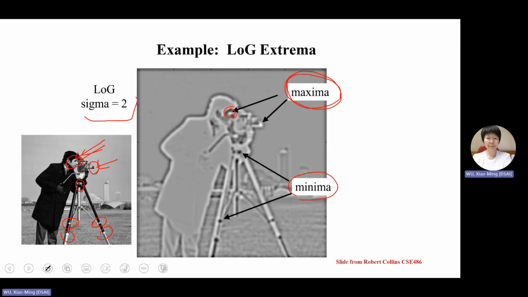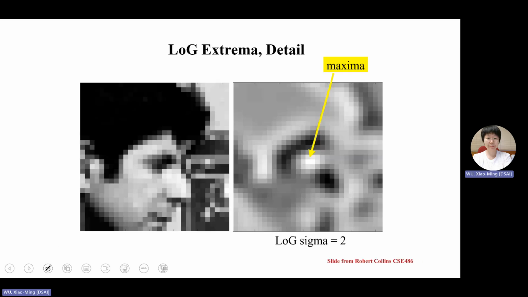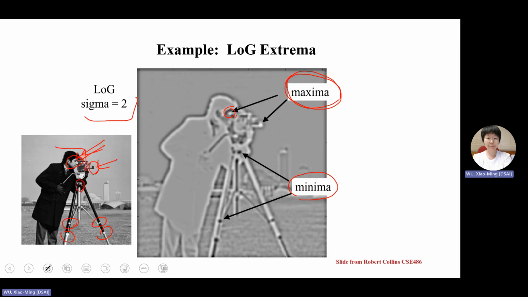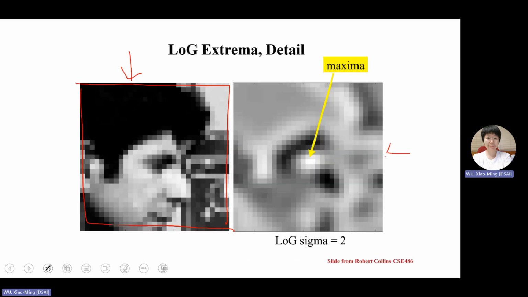Well, things are different if we apply a different sigma. This is the input image, and you can see this is the head region. And this is the result when we apply LOG with sigma 2.